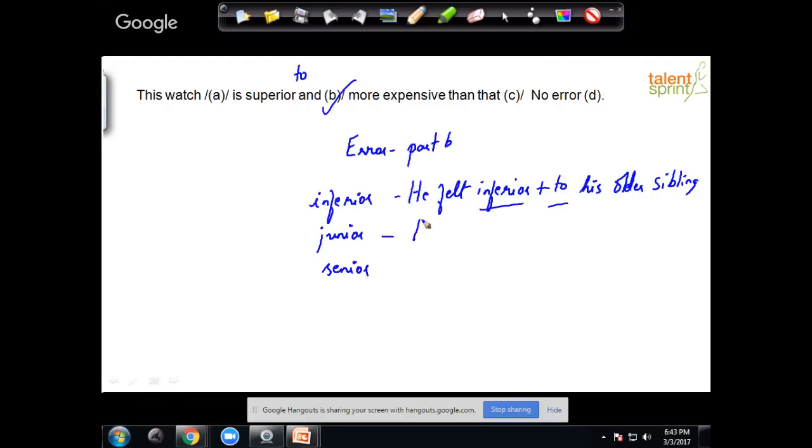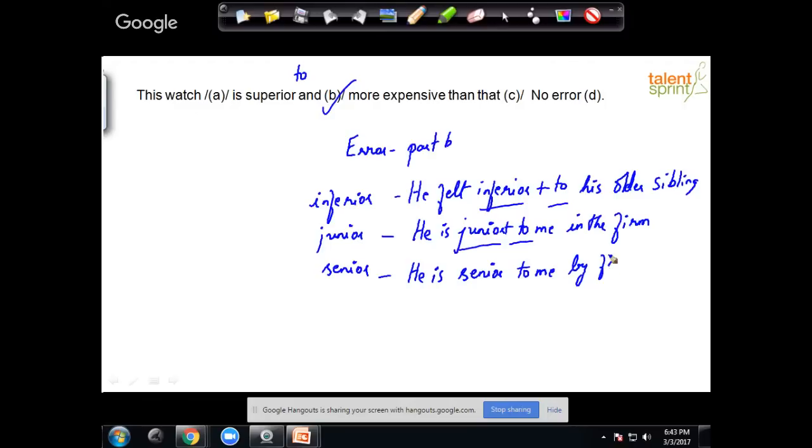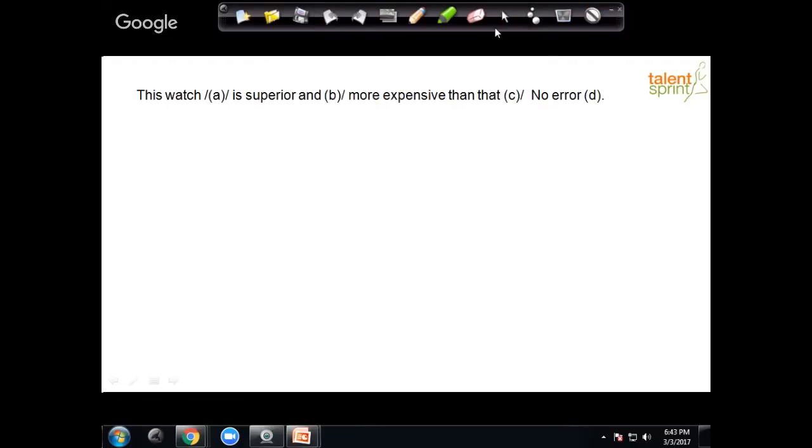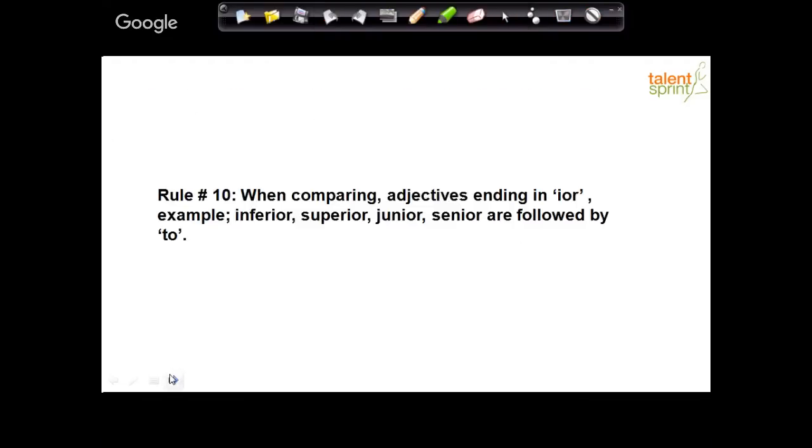I'm just giving you example sentences. He is junior to me in the firm. Junior plus to. He is senior to me by 5 years. Following? So that's the rule. Let's move on. That's rule number 10. When comparing adjectives ending in IOR, all of these examples are followed by to.